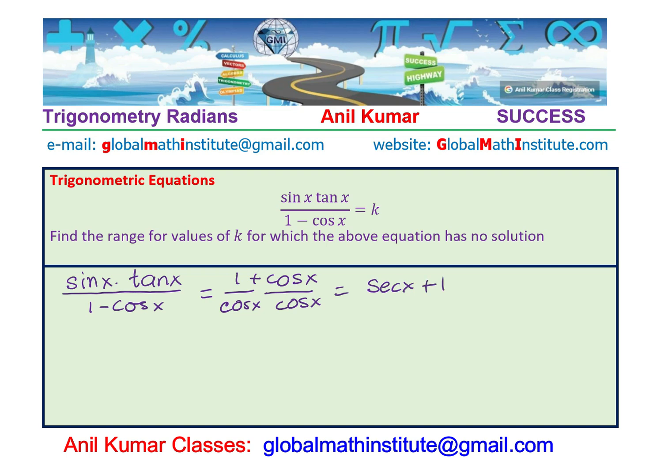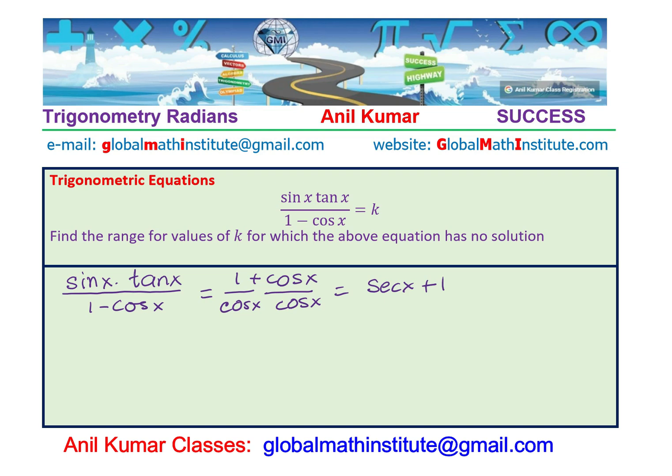So we have the left side equal to secant x plus 1. Now see, secant x is always greater than or equal to 1 or less than or equal to minus 1. So that should give you the range of what k should be, right?